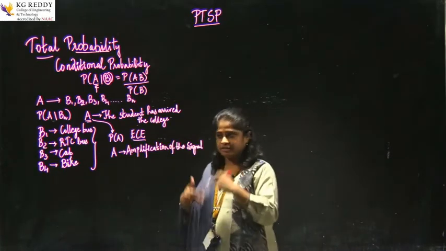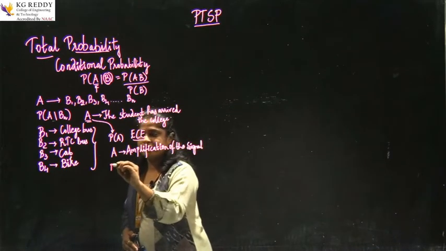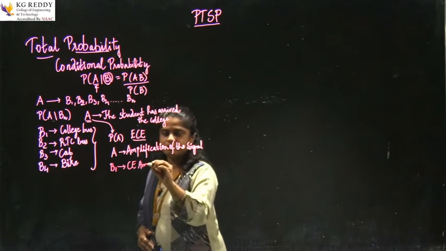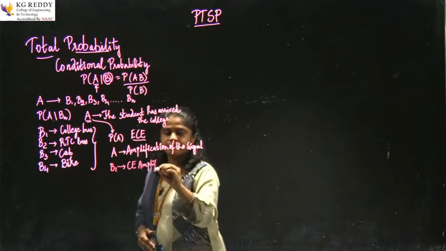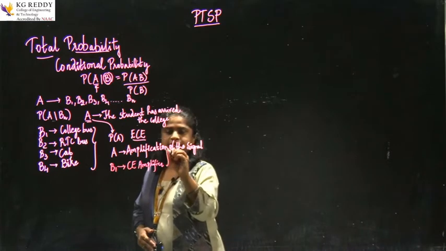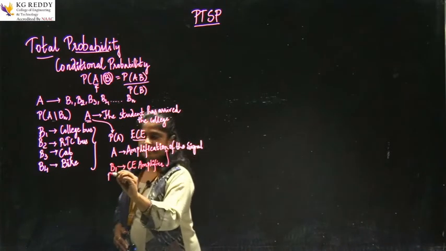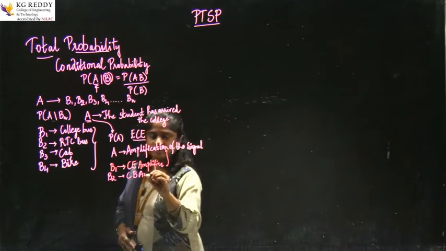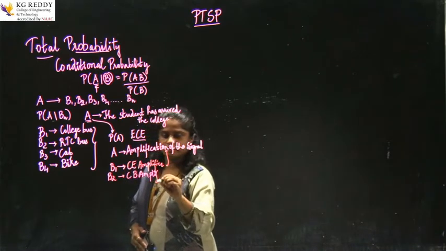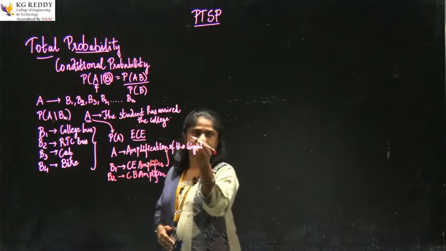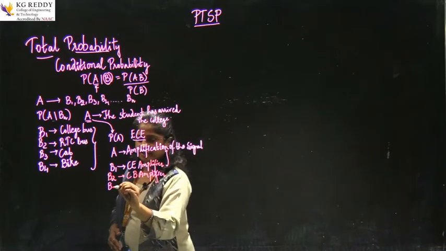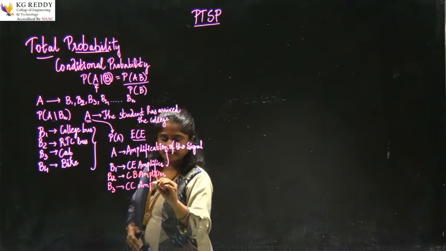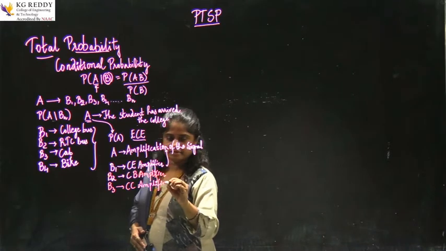The first event is using a CE amplifier and amplifying the signal, the second event is using a CB amplifier and amplifying the signal, and the third event is using a common collector amplifier and amplifying the signal.